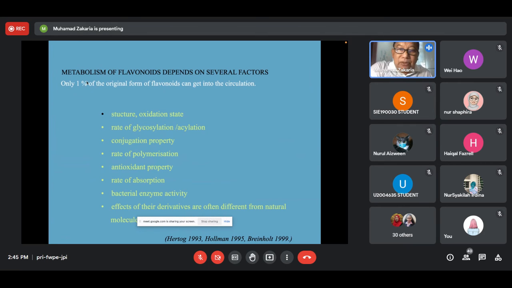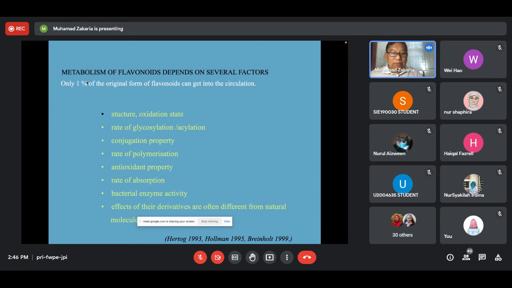Metabolism of flavonoid depends on several factors. Only 1% of the original form of flavonoid can get into circulation. Structure oxidation, rate of glycosylation, conjugation property, rate of polymerization. These are the factors flavonoid depends on. Okay, metabolism. That means flavonoids after we take them need to be removed by the kidney.